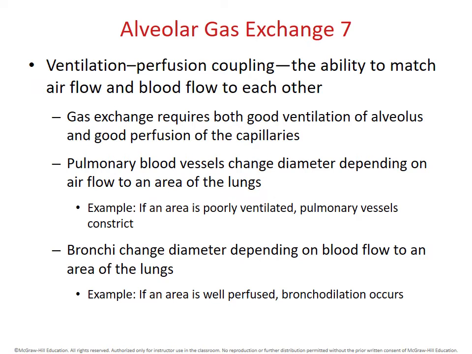Remember also that the degree of perfusion of alveolar capillaries does tend to be affected by how well an alveolus is working. We said in most parts of the body, if oxygen levels drop, we tend to get dilation of a blood vessel to send more blood to the body part that's experiencing hypoxia to help increase oxygen delivery to it. But remember, we said in the pulmonary circulation, everything's the opposite.